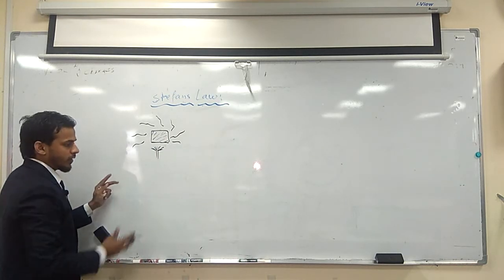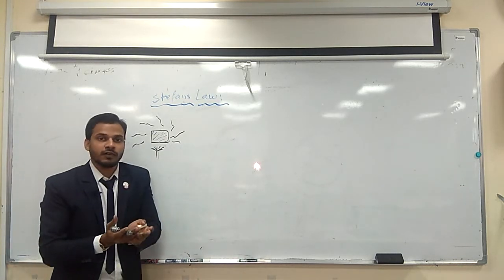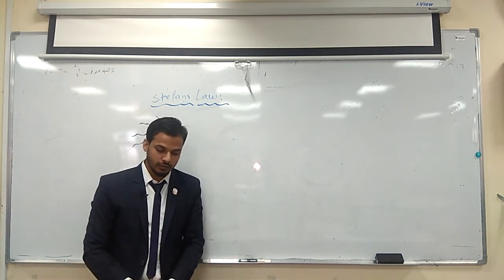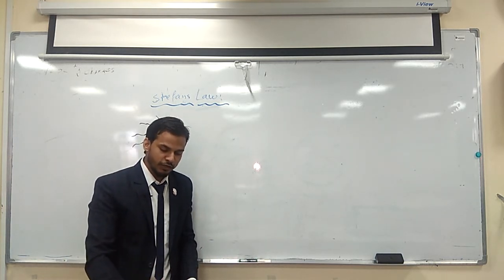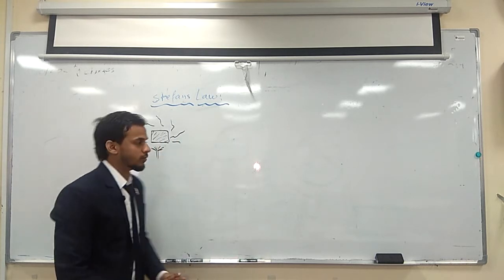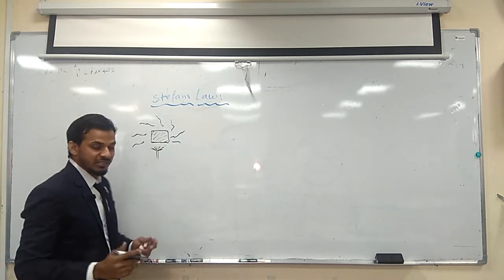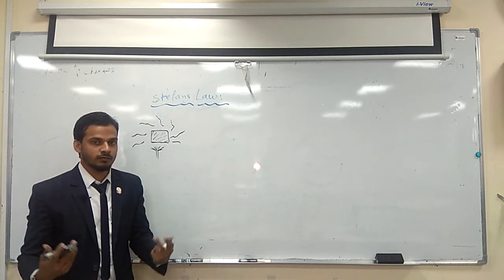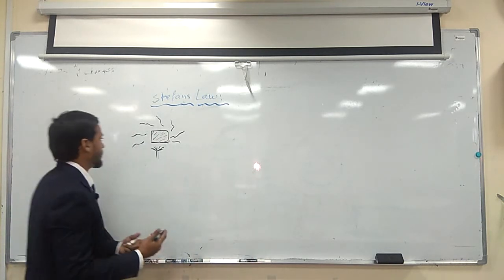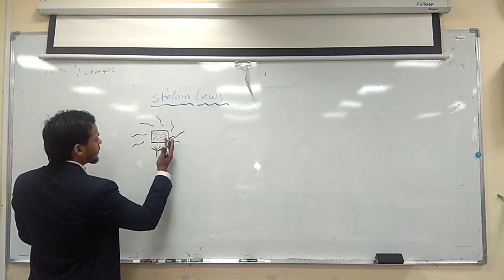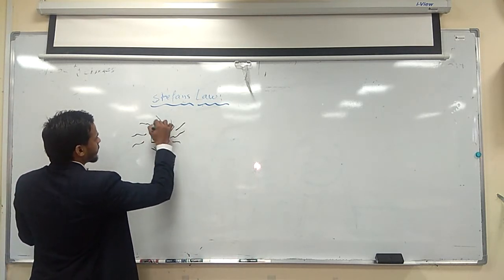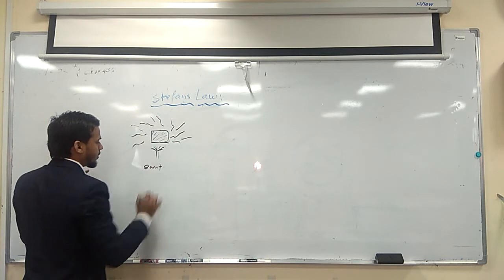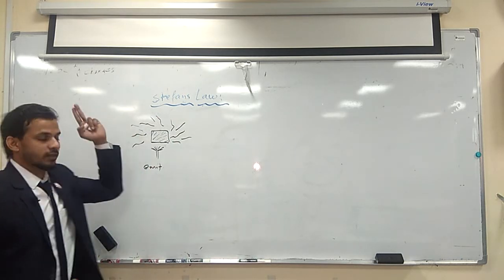If I heat the iron piece and put it in front of you, how will you feel? You will feel a little hot. If you take your hand near that, you will feel the hotness, the temperature. What does it mean? It means that it is giving out the energy which it has already absorbed. So it will emit the energy.